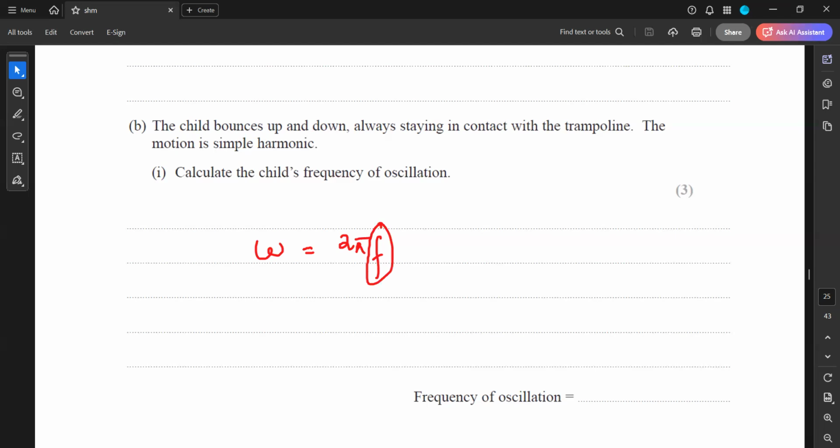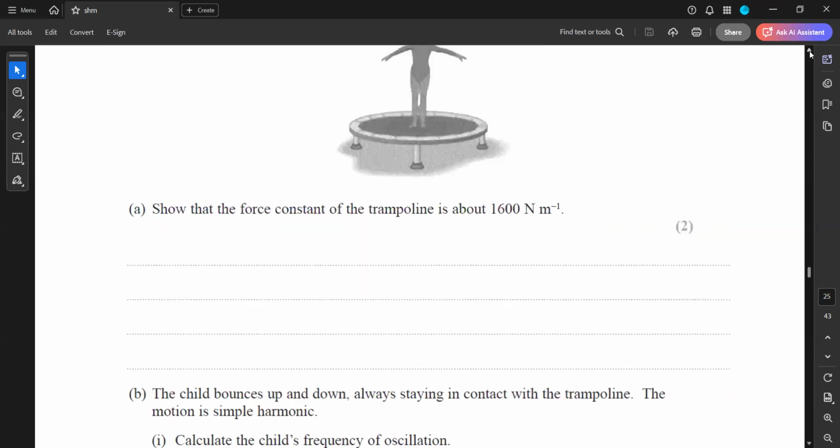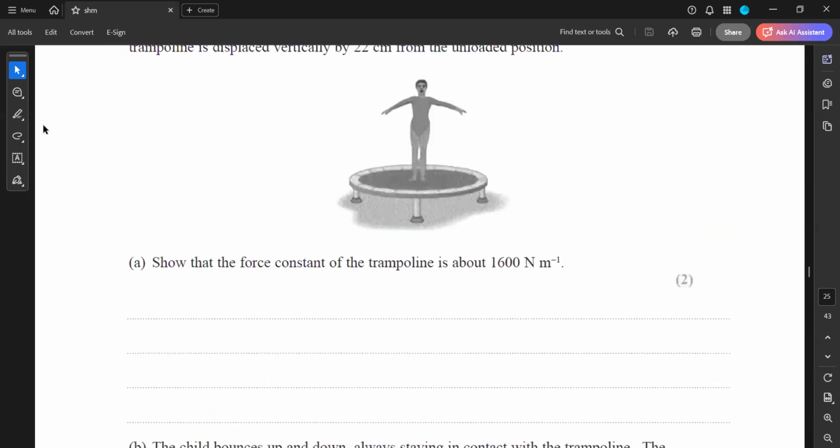As you can see, the child is in contact with the trampoline, so the force from the child is causing it to vibrate, oscillating up and down.